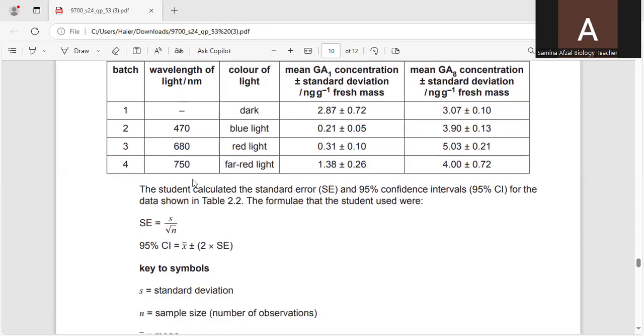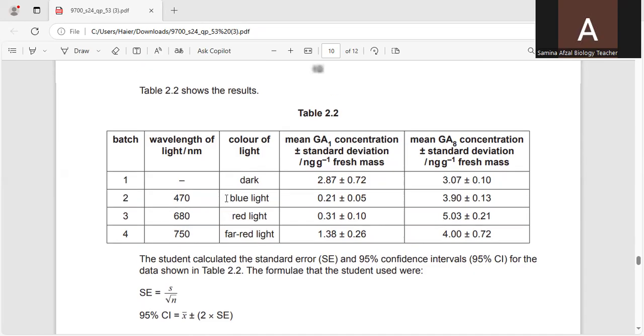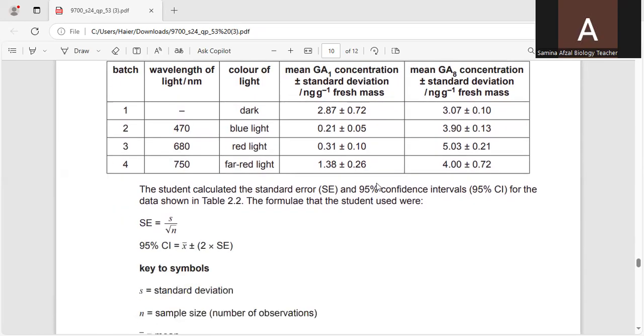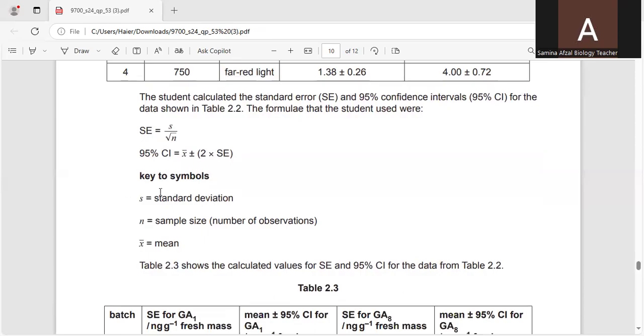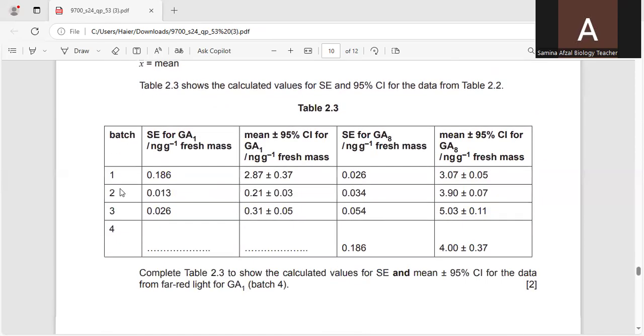These 4 columns have been given. The student calculated the standard error and 95% confidence intervals for the data shown in table 2.2. So the data has been given over here. The formulas that the student used were SE is equal to S over square root of N, and 95% CL is equal to mean value plus minus 2 times standard error. So the key to symbols they have given us now.